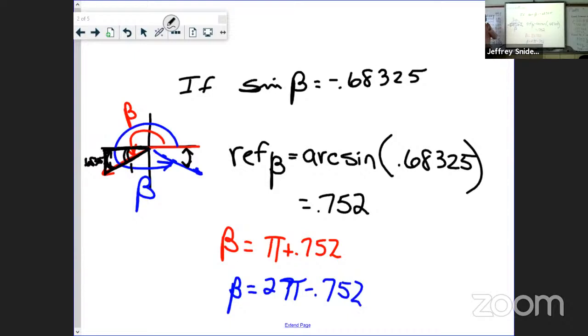And I don't do negatives because then it's going to put it in a different quadrant, and I don't want that. It's all about what quadrant am I in, find the positive reference angle, and either add or subtract as necessary. So whenever I'm finding a reference angle, I am always going to do an inverse or an arc sine, any of them, of a positive value. You make it positive to get the reference angle.